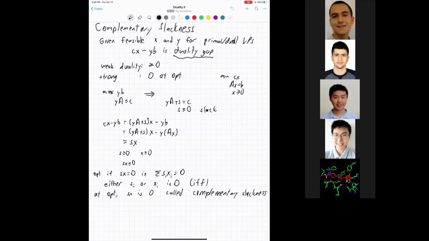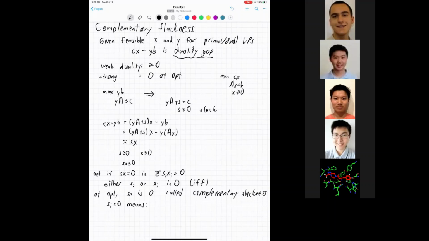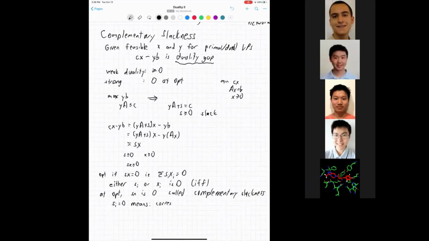You can say, whatever the optimum is, either a primal variable is going to be zero or the corresponding slack variable is going to be zero. Now, what does it mean for the slack variable to be zero? The corresponding constraint is tight.